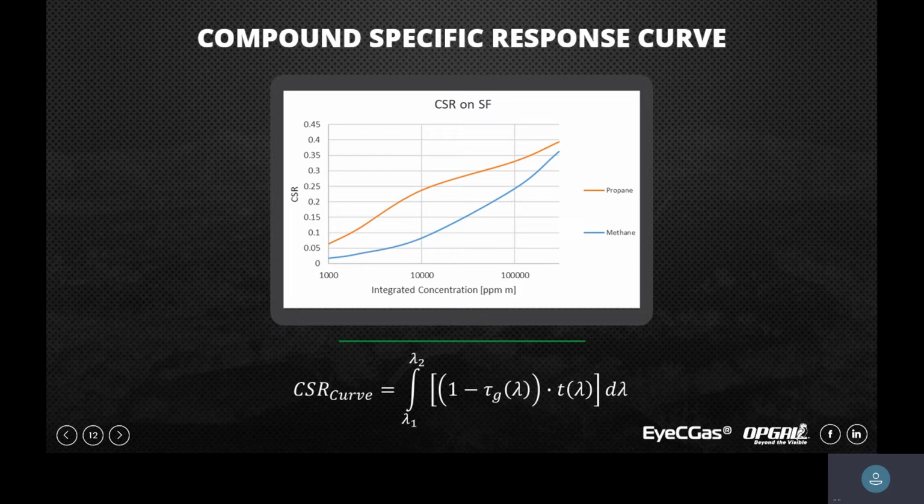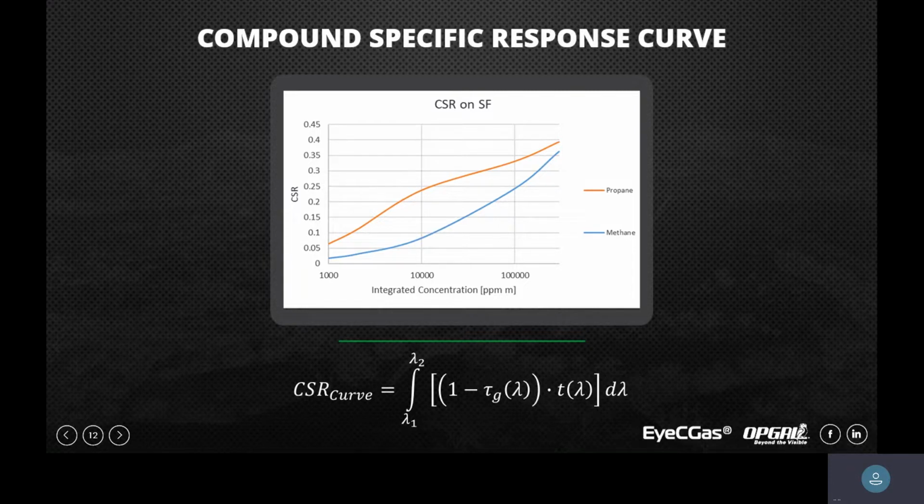So these are the curves that I was talking about, and this is a function of concentration. What I want to emphasize here, first of all, is that it's not linear, and each compound has a different curve. One is going this way, which is the propane, and one going this way.